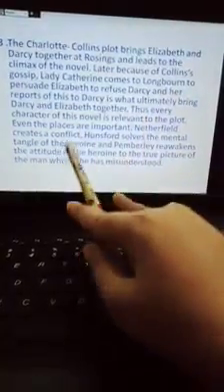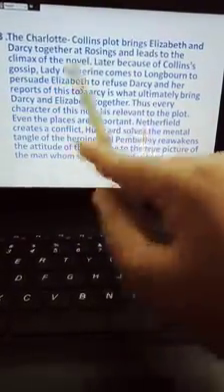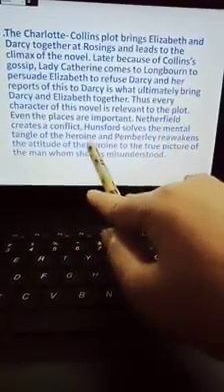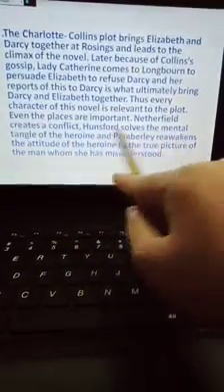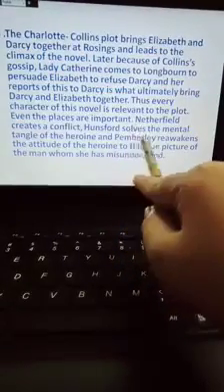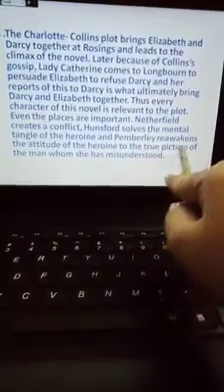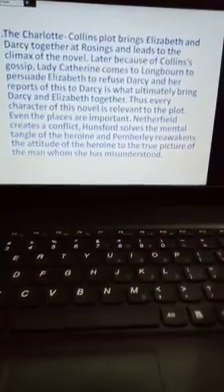Thus, every character of this novel is relevant to the plot, even the places are important. Netherfield creates a conflict, Hunsford solves the mental tangle of the heroine, and Pemberley reawakens the heroine to the true picture of the man whom she has misunderstood.